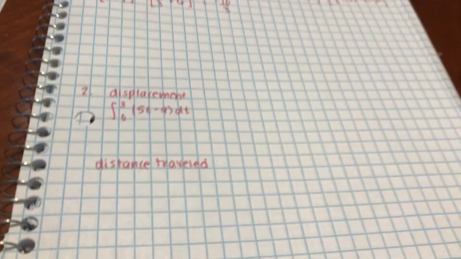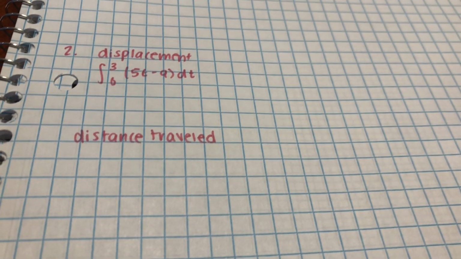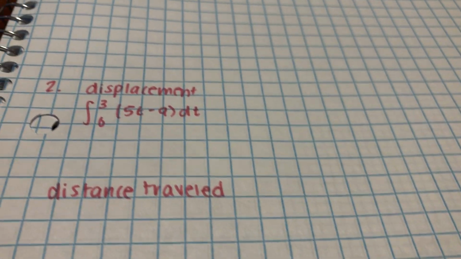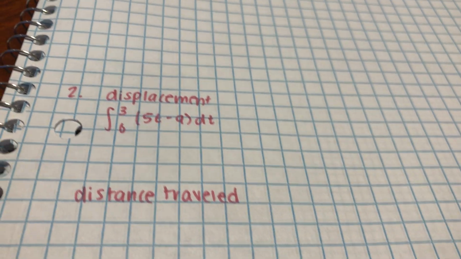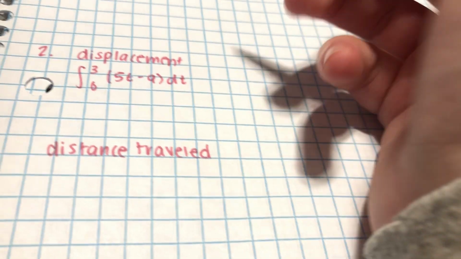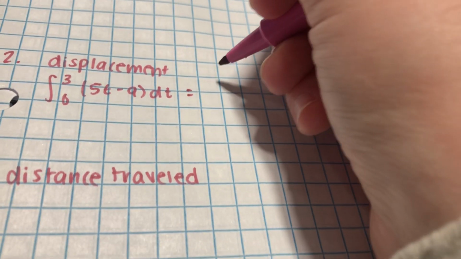The second problem we have deals with displacement and distance traveled. Displacement is what the area under the curve is, or an integral. So we don't really need to worry about anything. It's the distance from the origin point to the end point. So find the antiderivative.